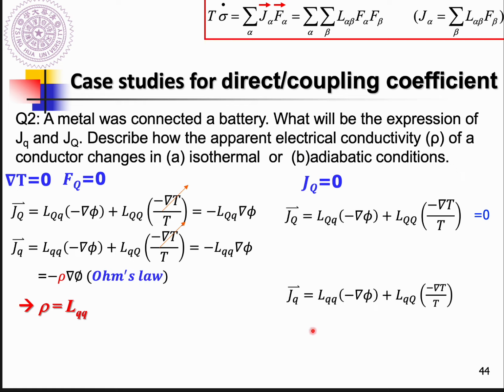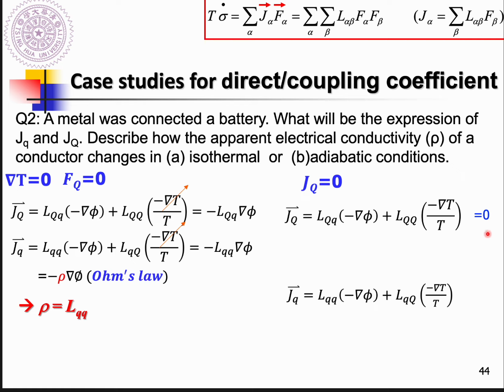So this term is more important because we are going to write it as equal to minus sigma prime, the electrical conductivity, times the electrical potential gradient. But this temperature term is bothering us, right? We need to substitute this as a function of the minus electrical potential gradient.